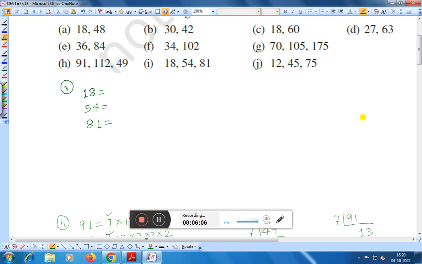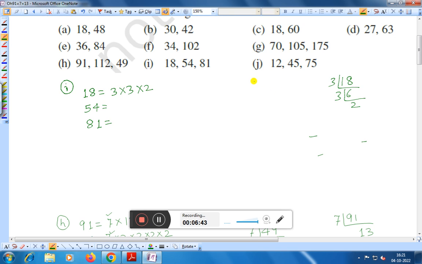Now we'll find the factors of 18. We divide it by 3, that is 3 times 6 is 18, and 3 times 2 is 6. That is 3 into 3 into 2.